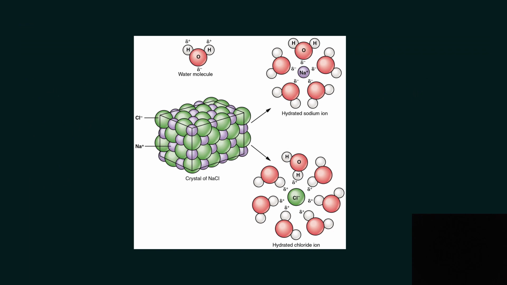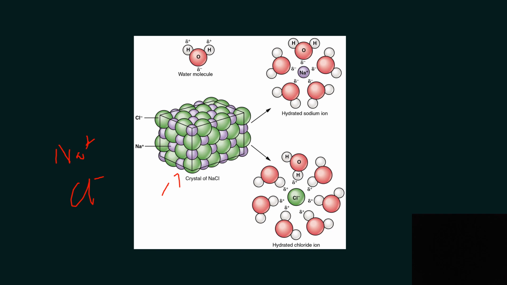Okay, so for example, you know that the ionic compound has a lattice structure, right? And here's the lattice structure of sodium chloride, where Na plus has a plus charge and Cl has a minus charge.